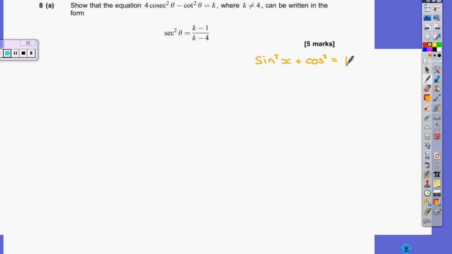with this, and then I think, right, I'm going to get those other two, so I'm going to divide this by sine squared x, and this one by sine squared x, and this one by sine squared x, to get 1 plus cot squared x equals cosec squared x.